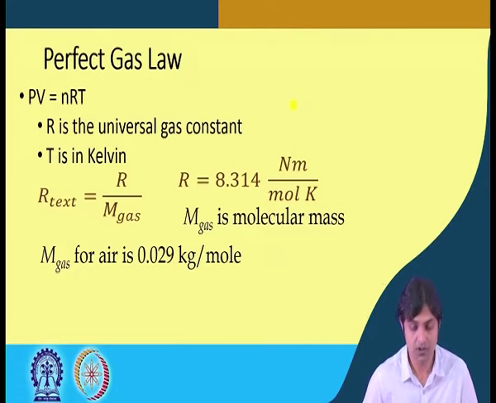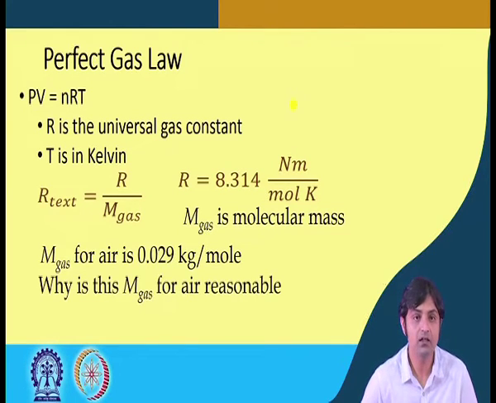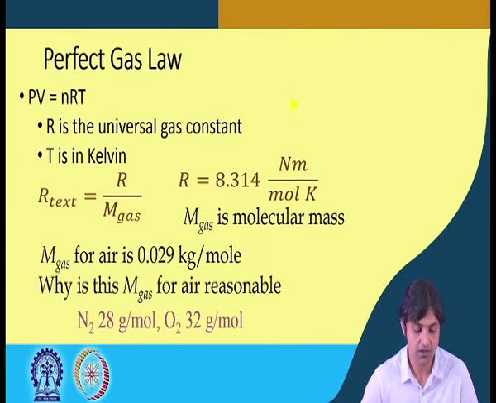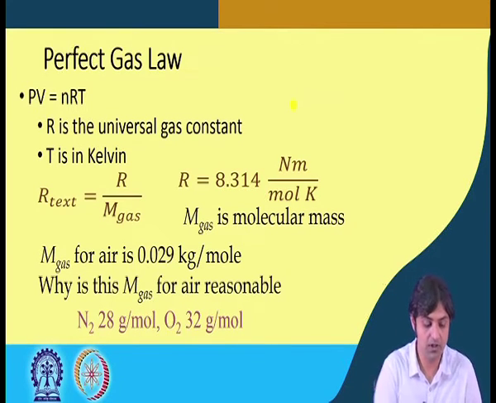Can you guess why this M_gas for air is reasonable? The reason lies in that air comprises almost 80% nitrogen and 20% oxygen. The molecular mass of nitrogen is 28 gram per mole and oxygen is 32 gram per mole.